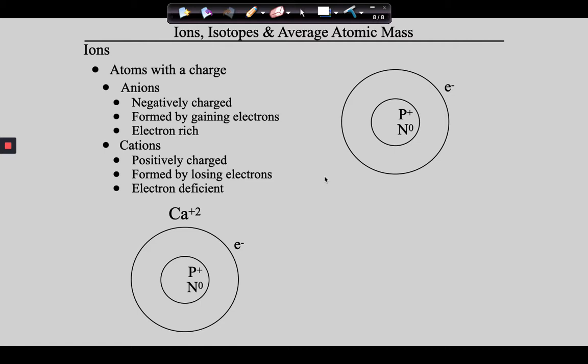By the way, calcium's over on the left, like 4 down. Number 20.